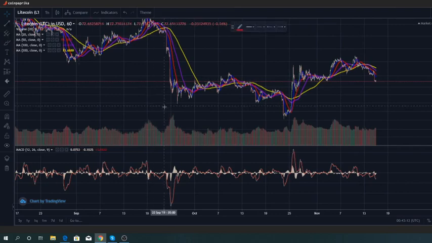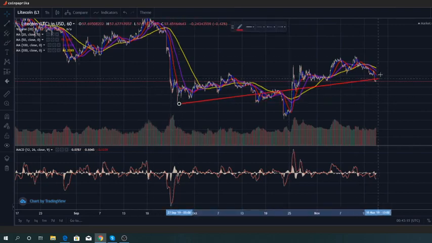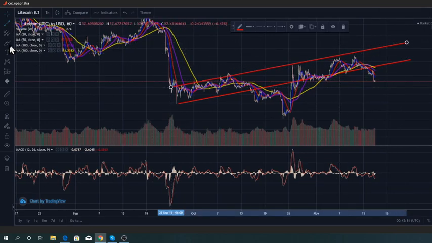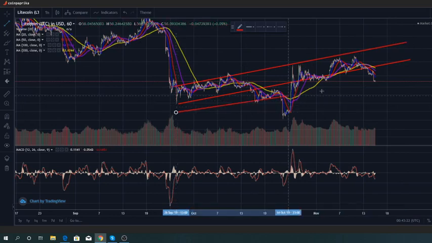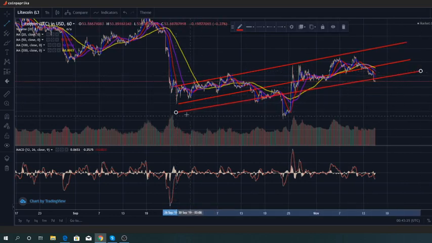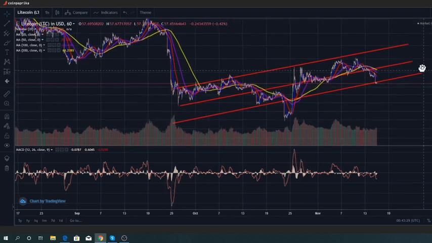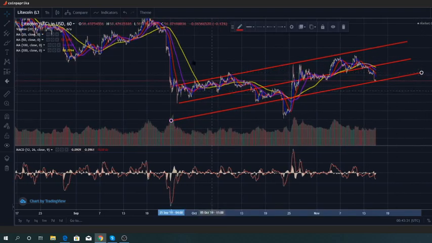Now if you draw a line trying to connect what is happening there, you can see a channel forming. You also have to look at the standard deviations, like where the channel started, where the points are, how it is moving. So in that aspect, you can see a channel like this, which is moving not in a bad way.